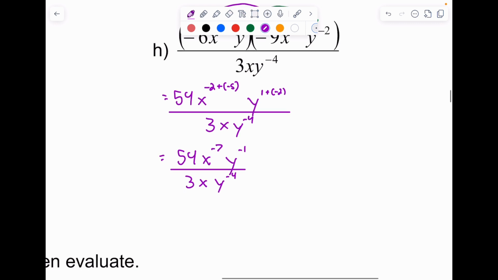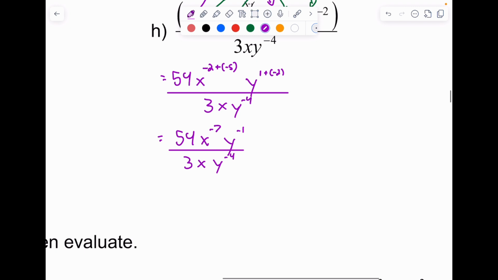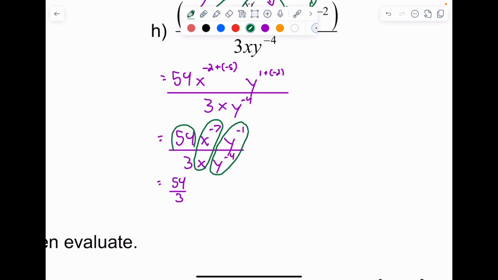Okay, so now we have to simplify our exponents. So we have similar bases here on the bottom of our fraction. Remember, those are being divided, and same with right here. So we have 54 over 3, right? Because technically your coefficients also divide.